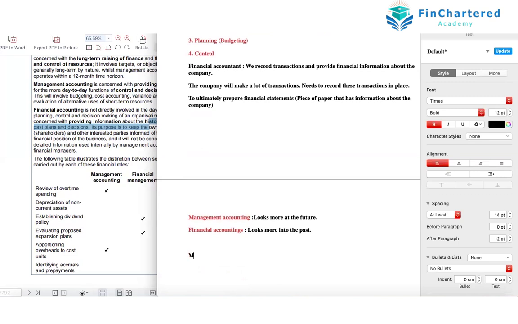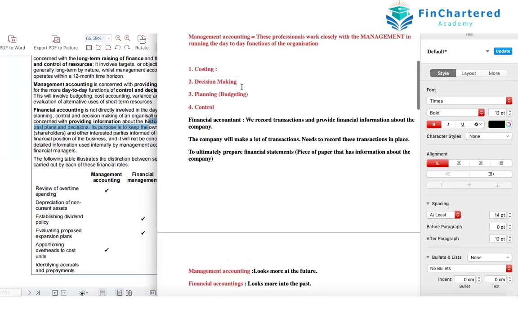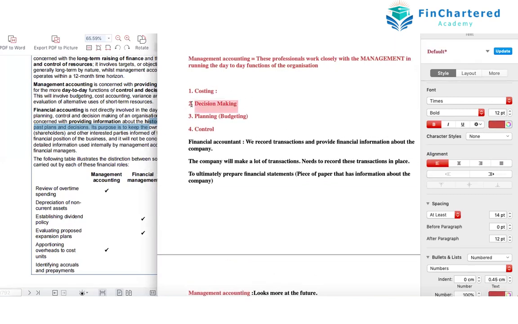Another difference between management accounting and financial accounting. I said management accounting does decision making. Now the question is, do you want to make good decisions for your own benefit or because the government is forcing you to make good decisions? Nobody is forcing you to make good decisions. There is no law that says you have to make good decisions.